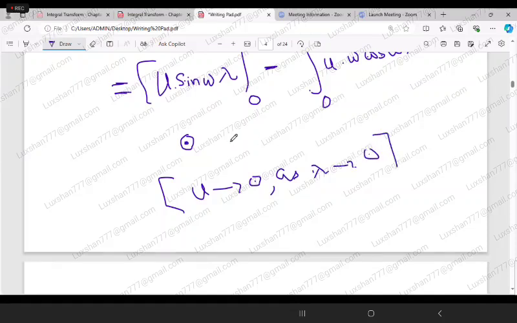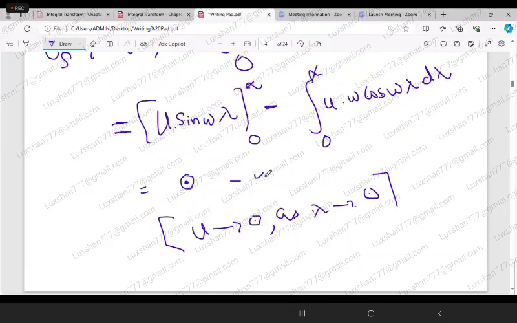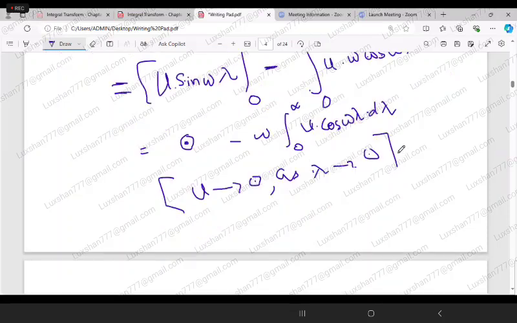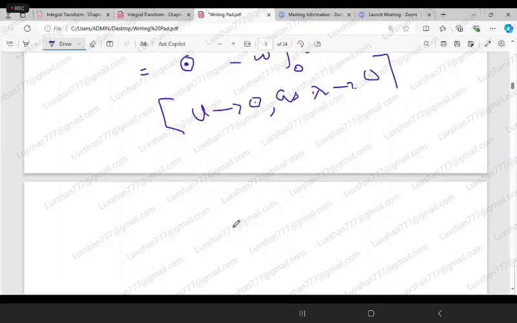Minus ω, we can take ω out: minus ω times the integral from 0 to infinity of u cos(ωλ) dλ.